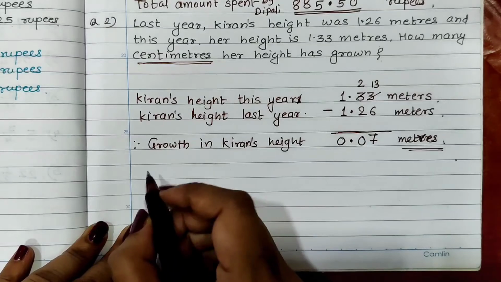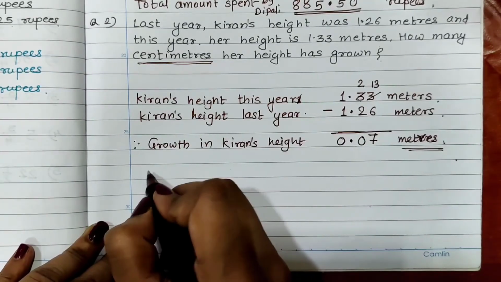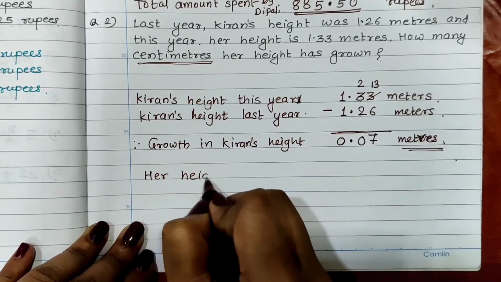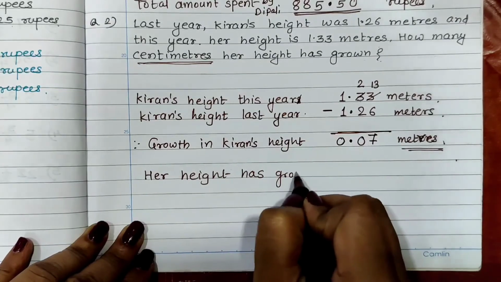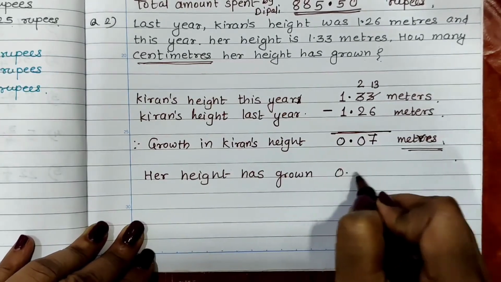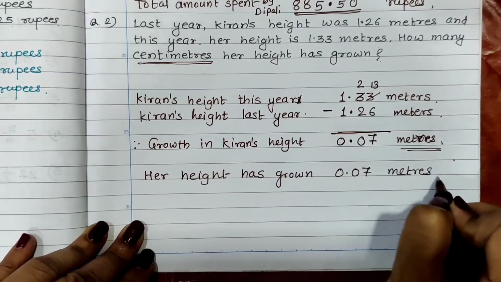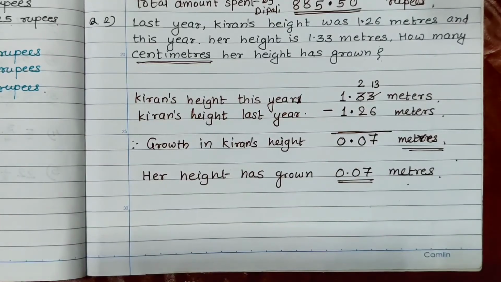So how to do it? Now first write her height has grown 0.07 meters. Now we want to convert it into centimeters. 0.07 meters we have to convert into centimeters.